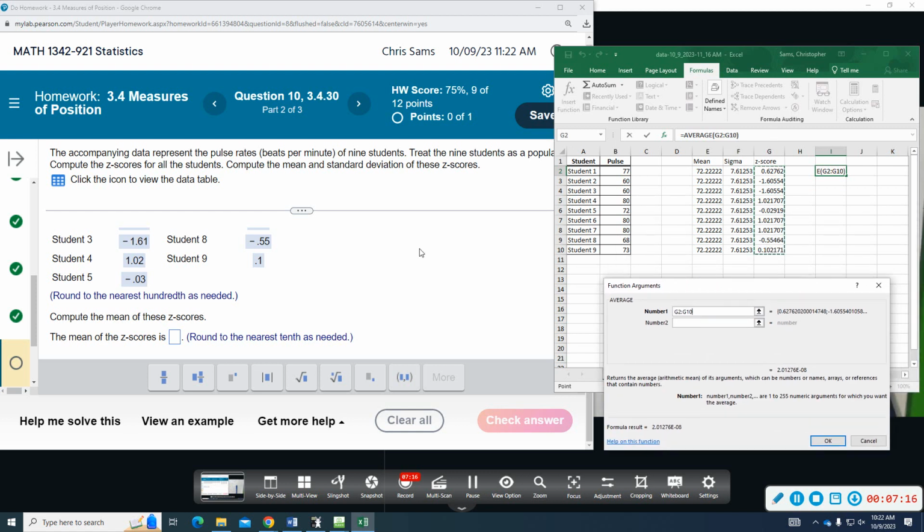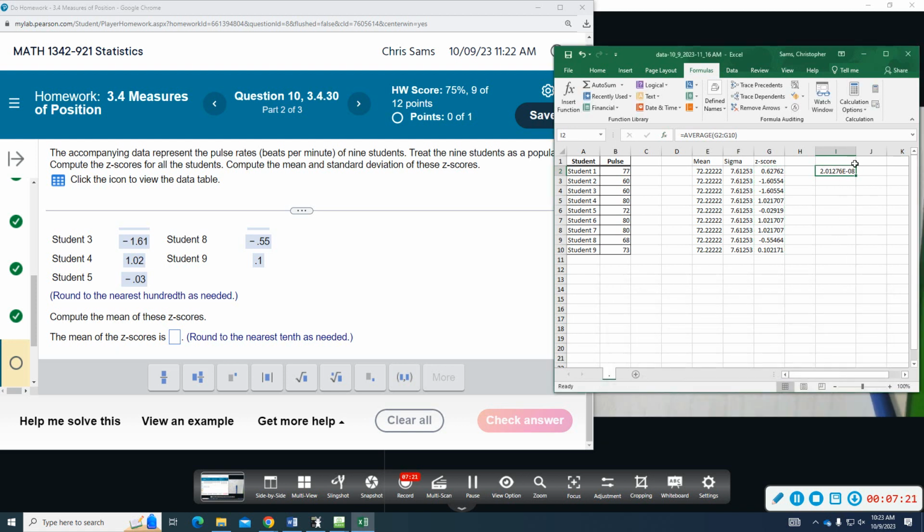So we're going to find the average of the z-scores. So this is saying the average is roughly 0 because this is 2.012 and it says e to the negative 8. So that means we would move the decimal place over.